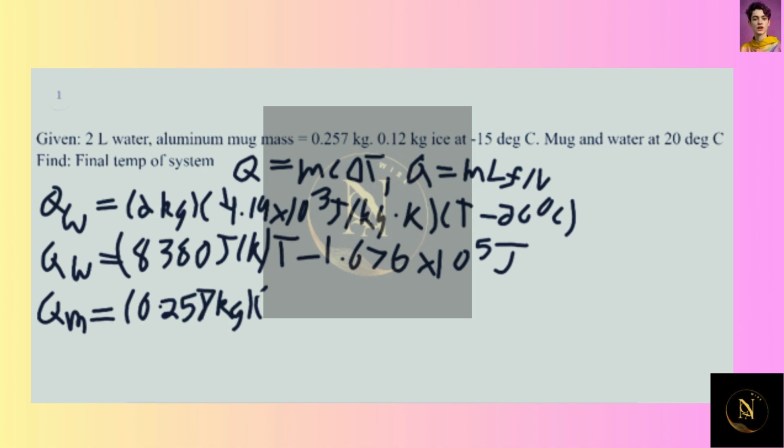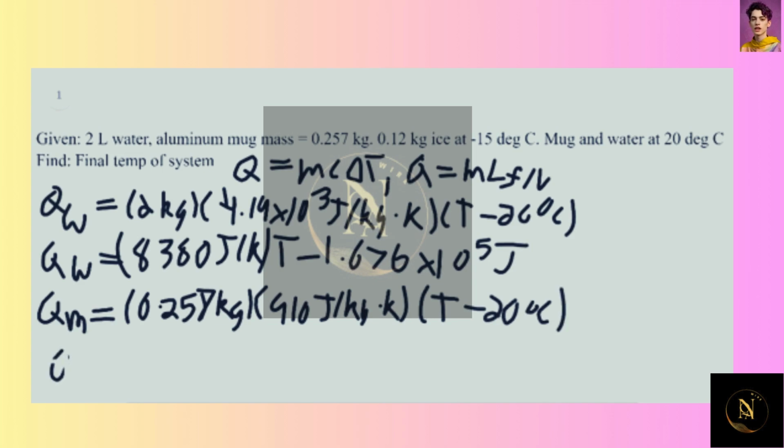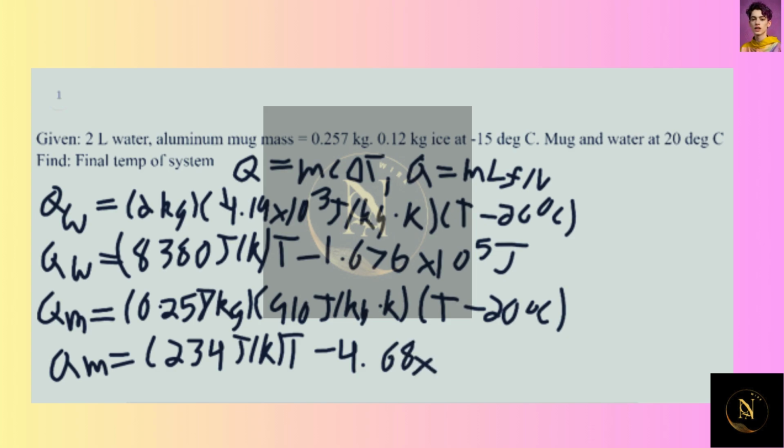C for aluminum, 910 joules per kilogram K. And then T, again, we don't know our final, but our initial 20 degrees C. And if you plug that in, you get Q mug is equal to 234 joules per K times T minus 4.68 times 10 to the third joules.